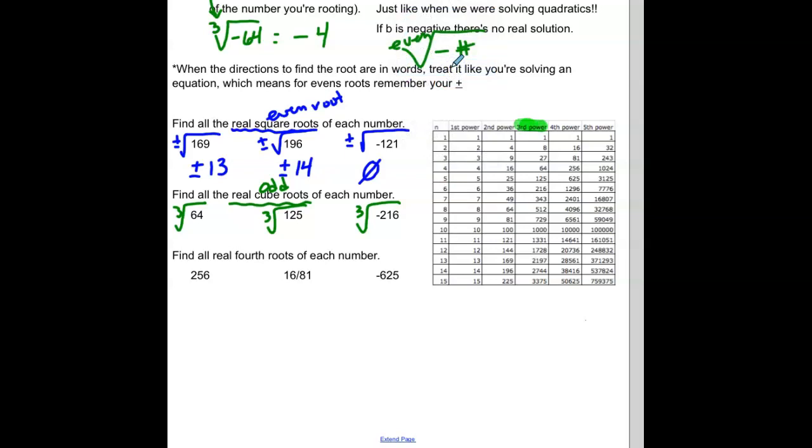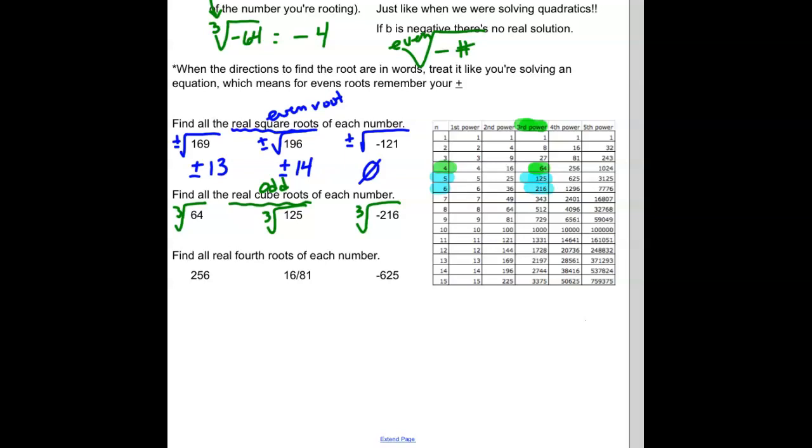I find in my column a 64, and I look backwards to figure out that my root had to be this 4. If I'm trying to take the cube root of 125, I find 125 in my cube column. I look far to the left and see its root is 5. For 216, I find that in my column. I look back and I see its root is 6.